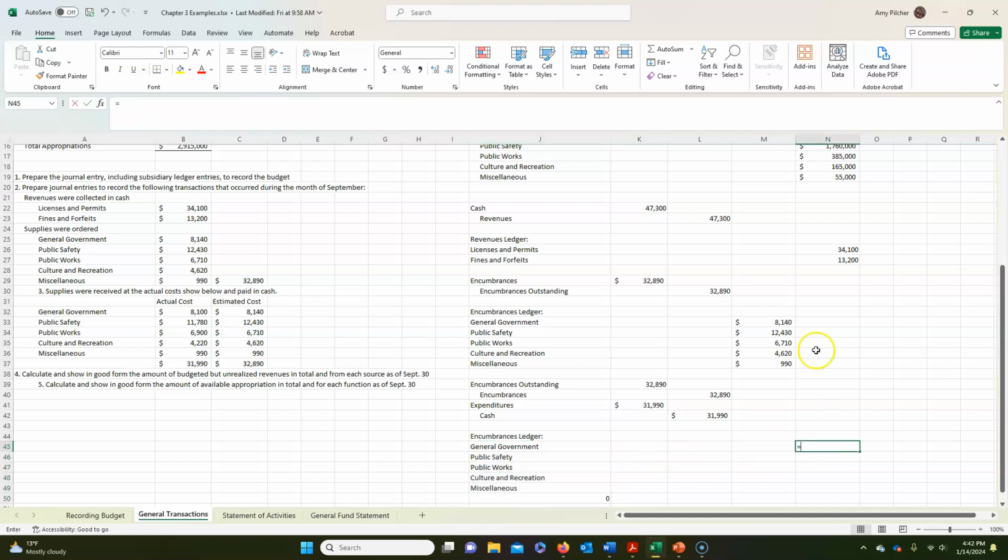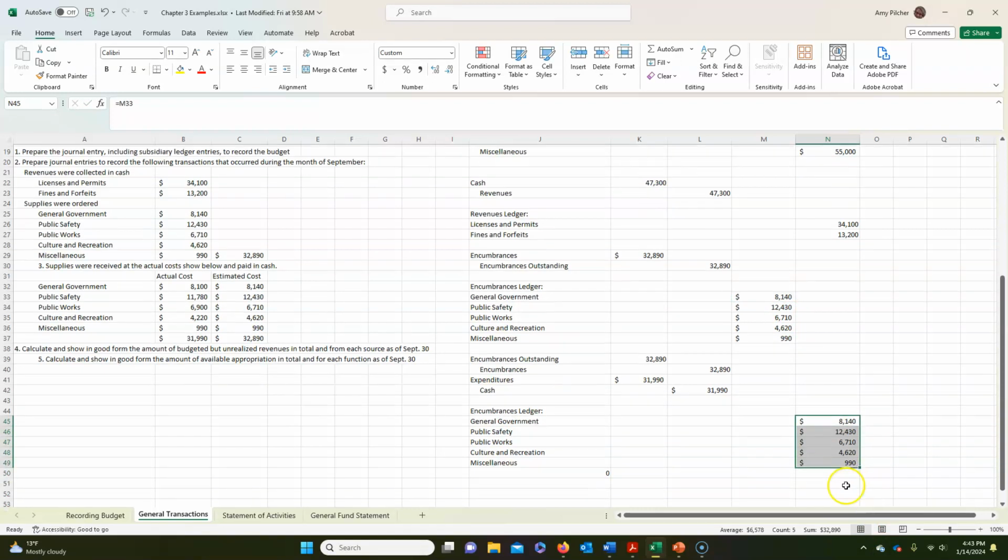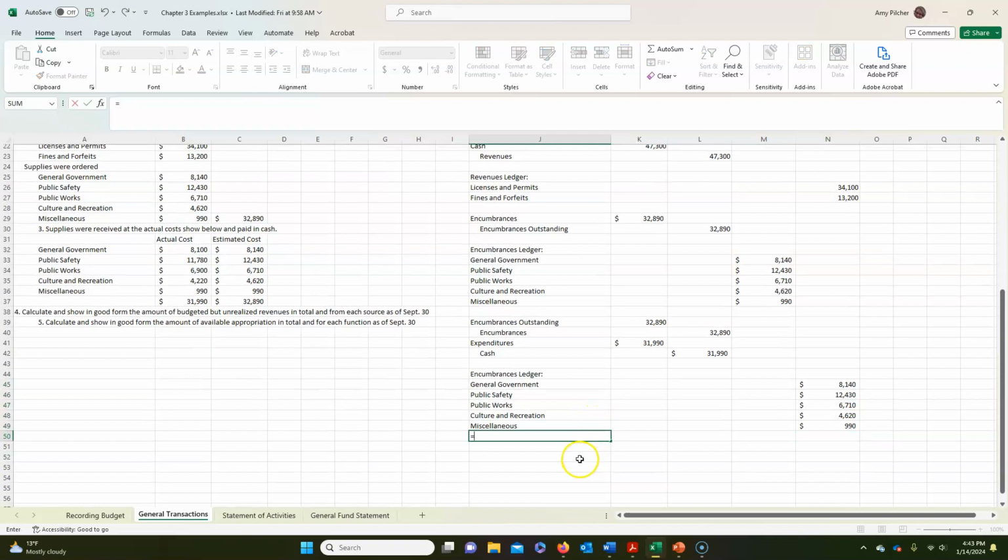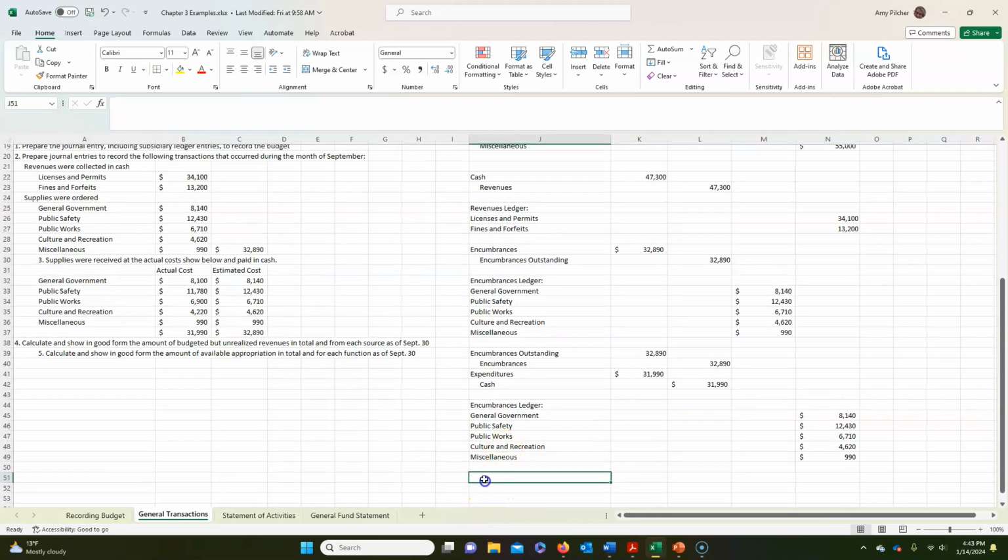And we're going to credit those amounts to remove them from encumbrances and record our actual expenditures in our expenditures ledger.